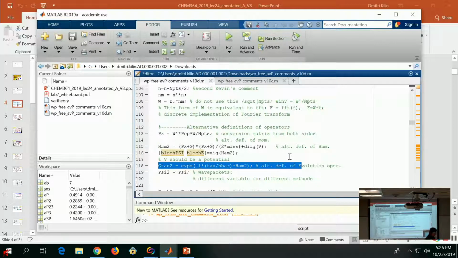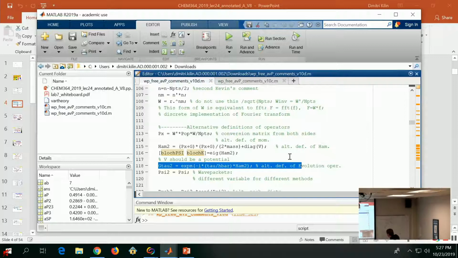And in this aspect, in the equation here, we already recognize that the evolution operator that we call g tau depends on another matrix. So the Hamiltonian should also be a matrix, right?